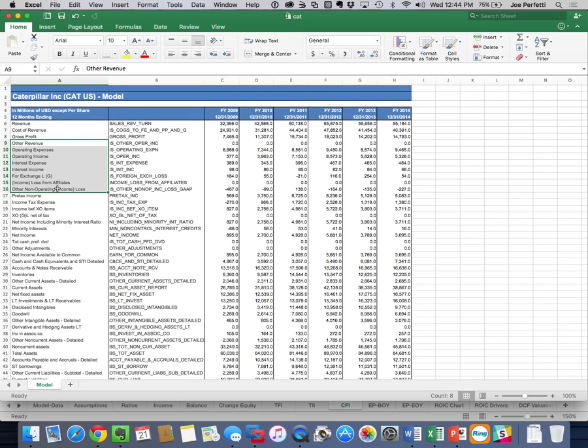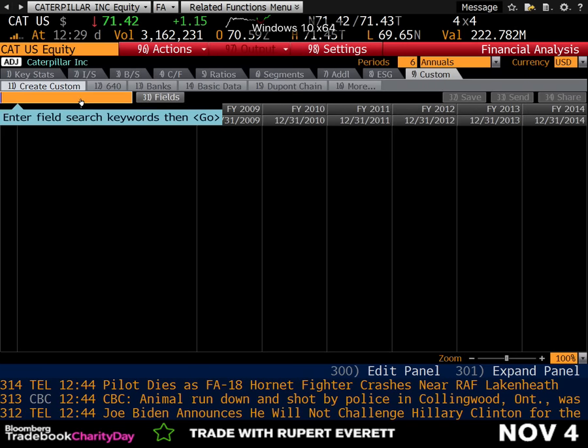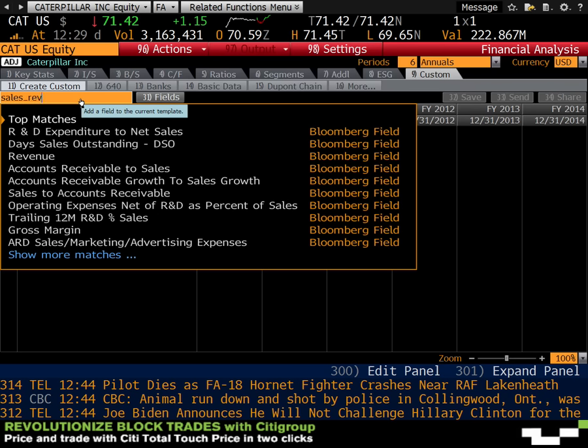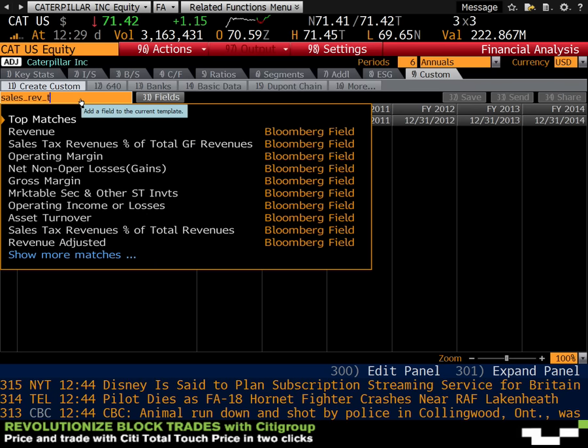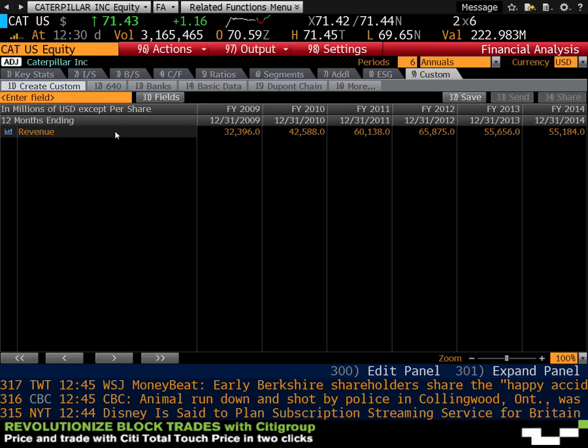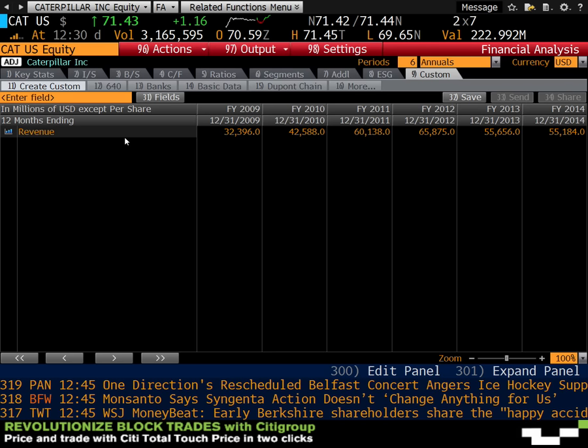So, for example, revenue, sales underscore rev underscore turn. I could type in the less friendly name, sales underscore rev underscore turn for turnover, and it'll tell me the first field that has that exact name. It's revenue. Click enter. Revenue is on the list.